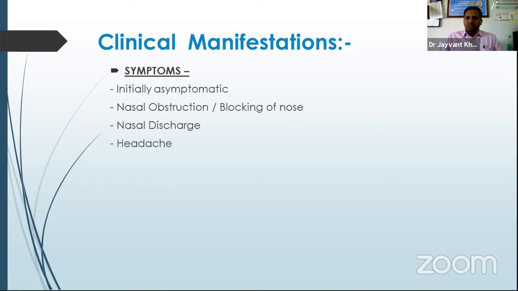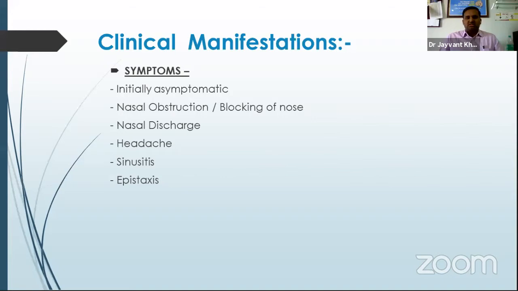Headache. We have seen earlier that in septal spur type of deviation, headache is the main symptom. Sinusitis: when there is deviation, there is inflammation, rhinitis, and blocking of the openings of the sinuses, and there is the pathophysiology of sinusitis.